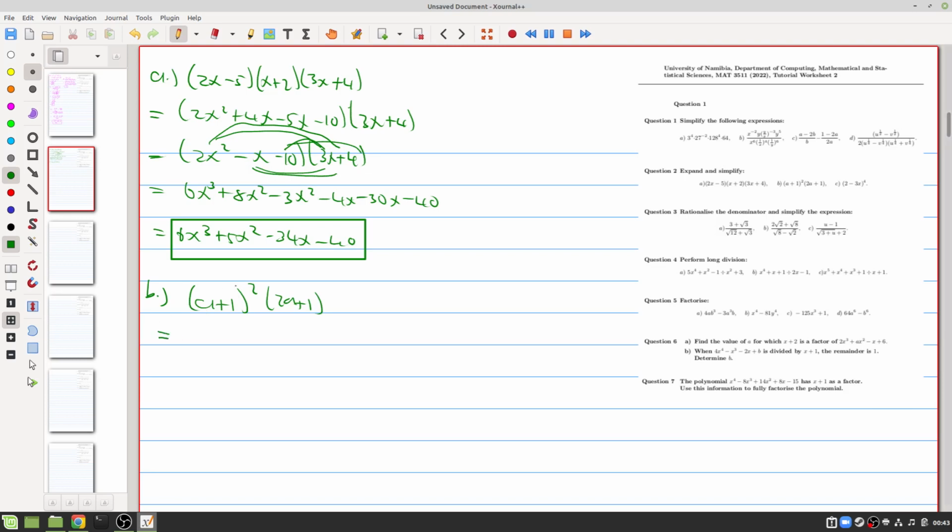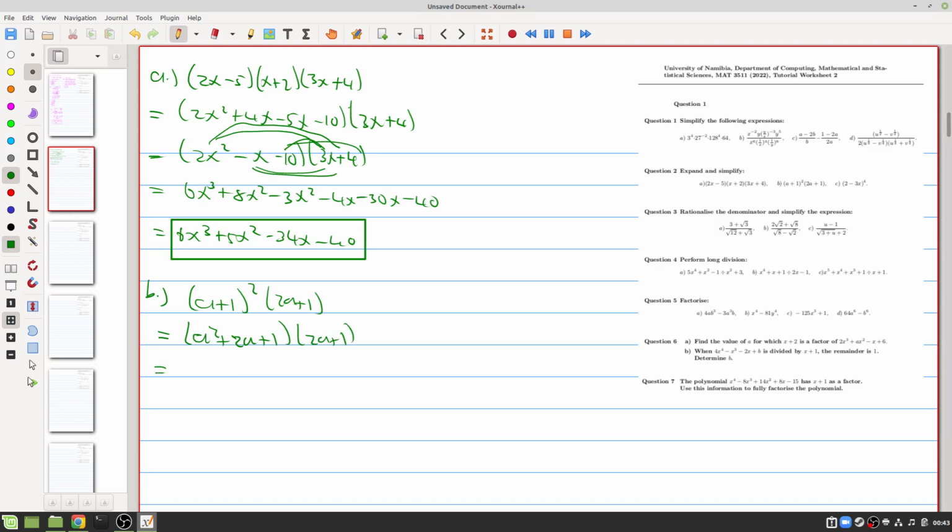Since we've already done how to multiply out brackets, I'm just going to do a bit of a shortcut, not show everything multiplying out. So squaring this bracket will give us a squared plus 2a plus 1, and we want to multiply that by 2a plus 1.